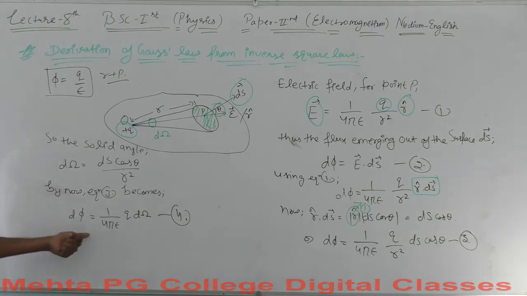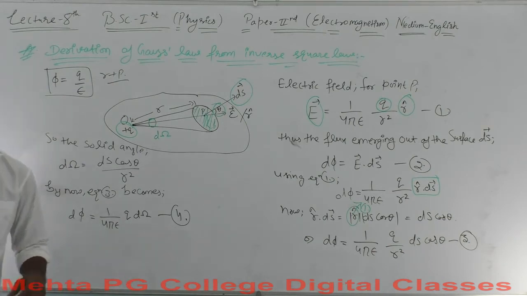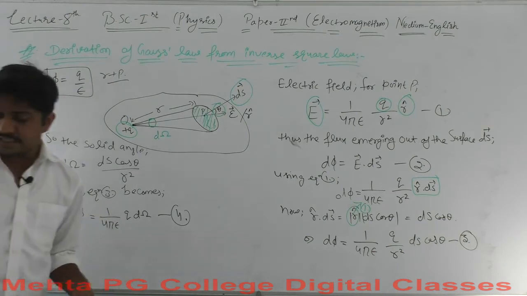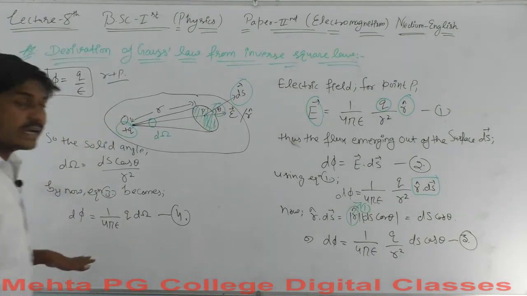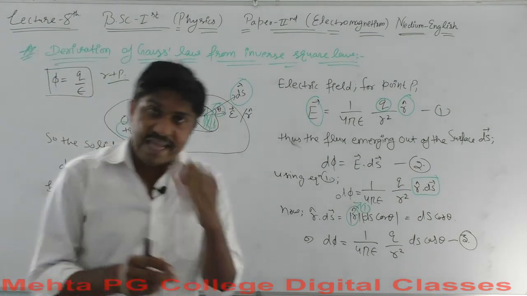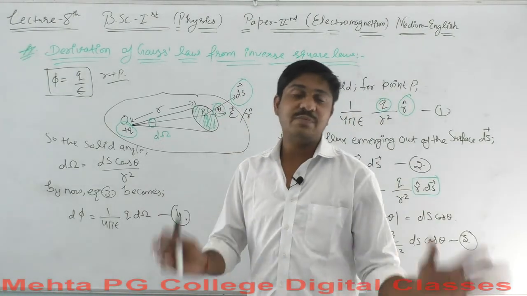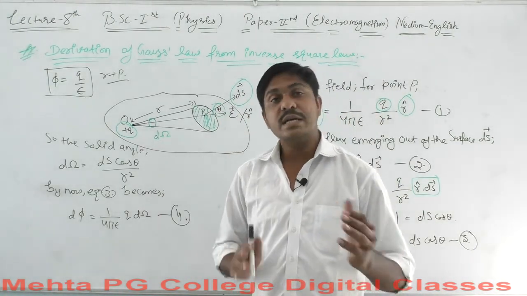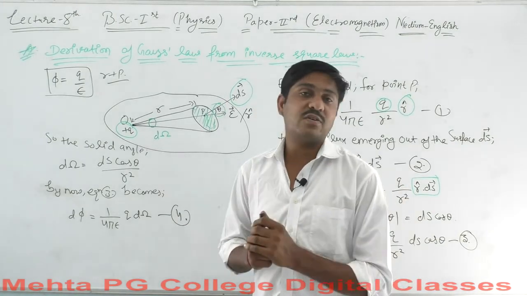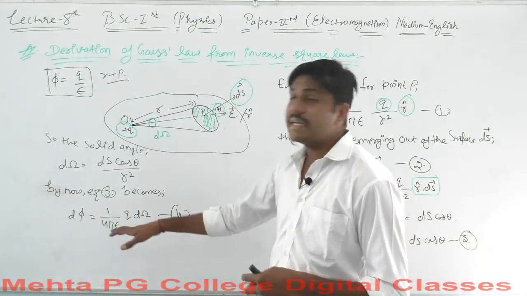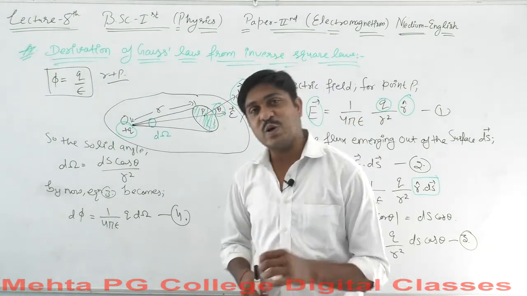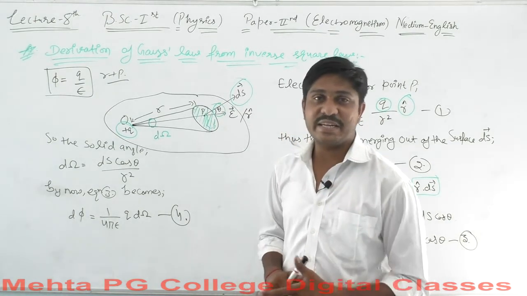So this is the term when we find the value of d phi. This d phi is the flux element emerging out of the surface, but we do not need the flux element only, we will talk about the whole flux emerging out of the surface. So we will integrate these small elements, because this is an infinitesimally small element here.